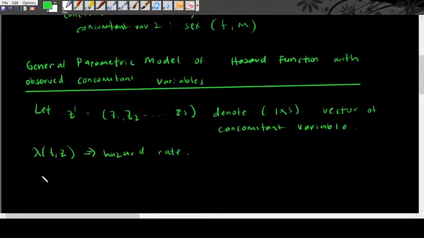The hazard rate can also depend on some other parameters other than t and z. So let's assume that there is another parameter vector b prime equals b1, b2, ..., bs.